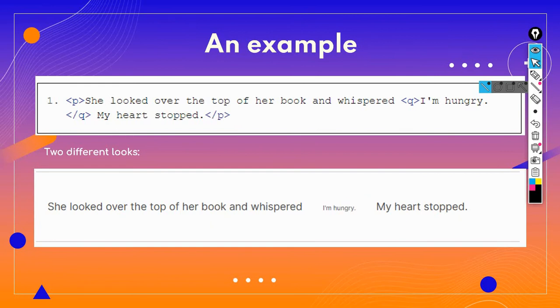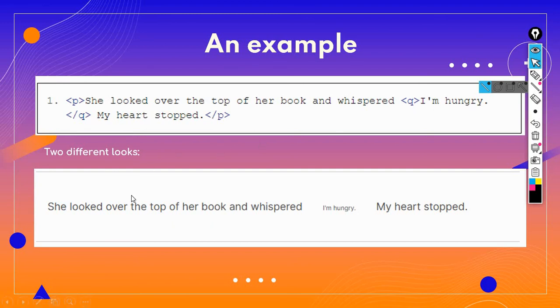So here's an example. Let's see CSS in action. So here is the HTML. We use paragraph tags here and the code tags.